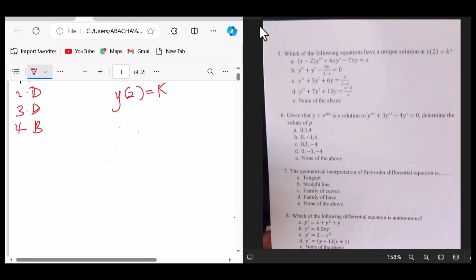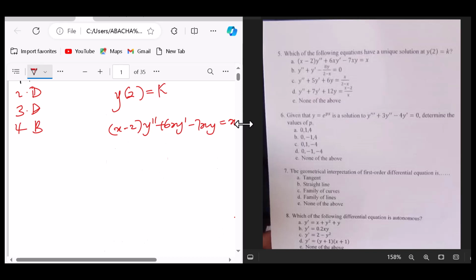If you look at the equations, the first one is x minus 2 times y prime prime plus 6xy prime minus 7xy equals x.